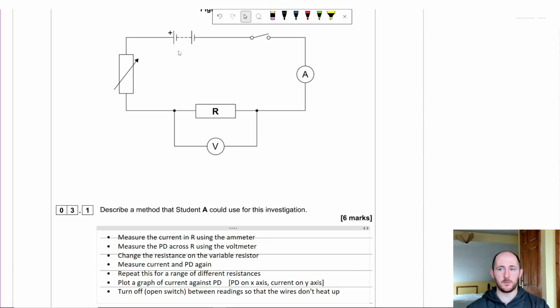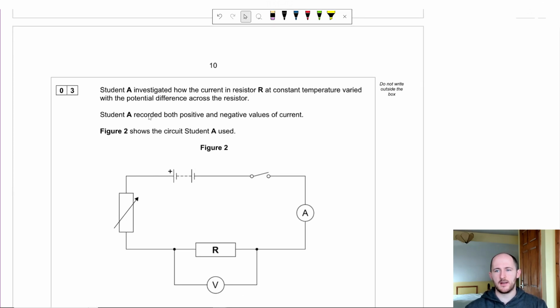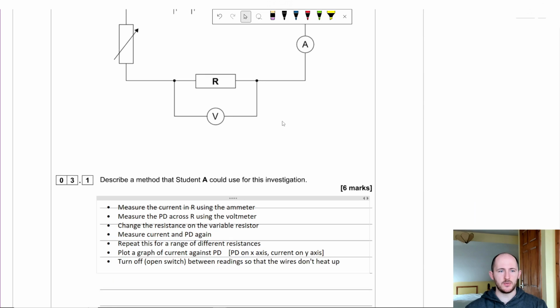Because think about it, if we leave this on for a really long time, our data is going to be affected because as the wires heat up, their resistance changes, which means the voltage across the resistor will change without us changing it, intentionally anyway. But you can always say something along the lines of repeat the experiment 3 times and find an average. That always works.